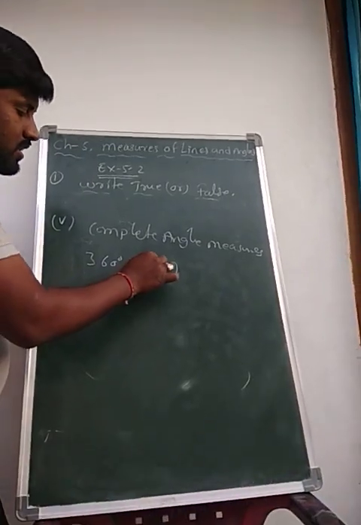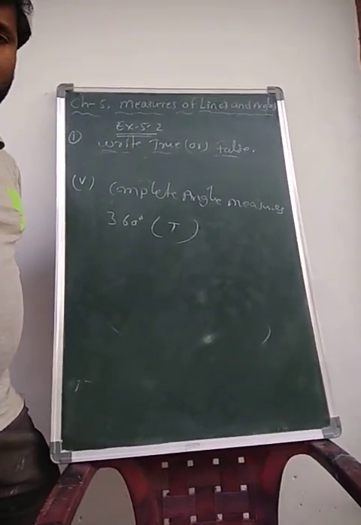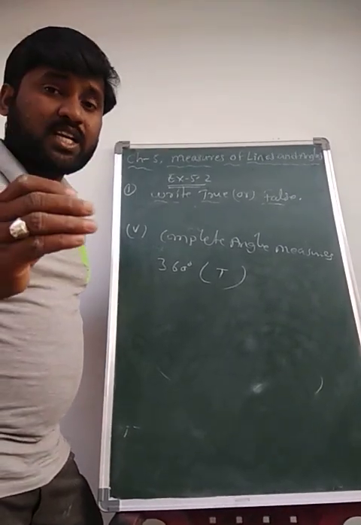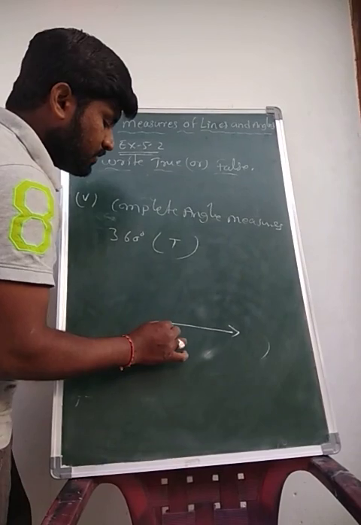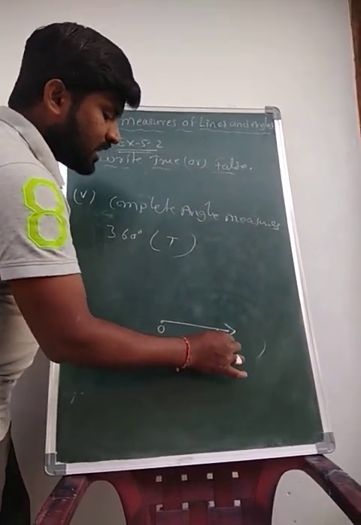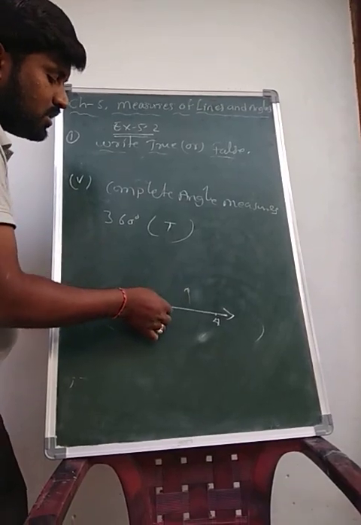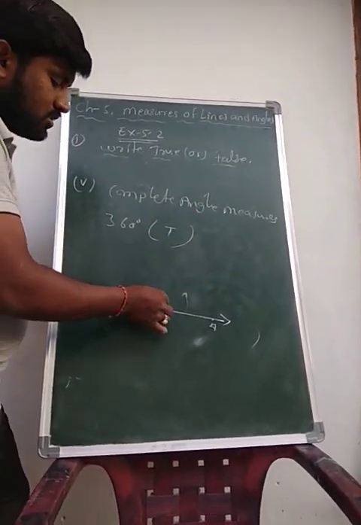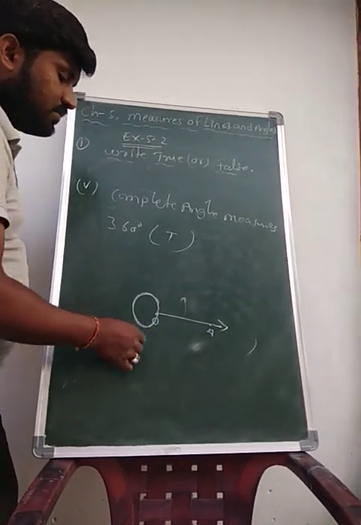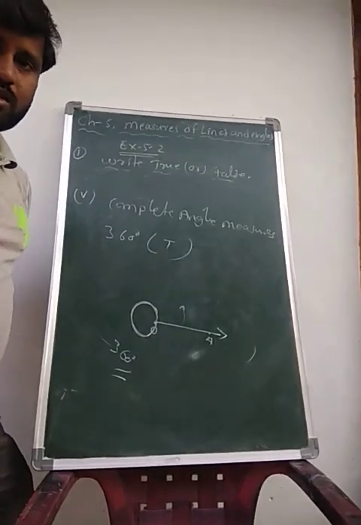Yes, absolutely, this is a true statement because the measure of the complete angle is 360 degrees. For example, OA is a ray, it rotates about its end point to make a complete turn. So like this, it measures 360 degrees. Is it clear, students?